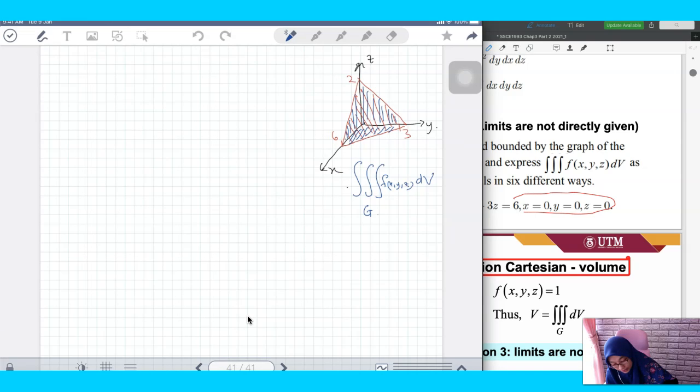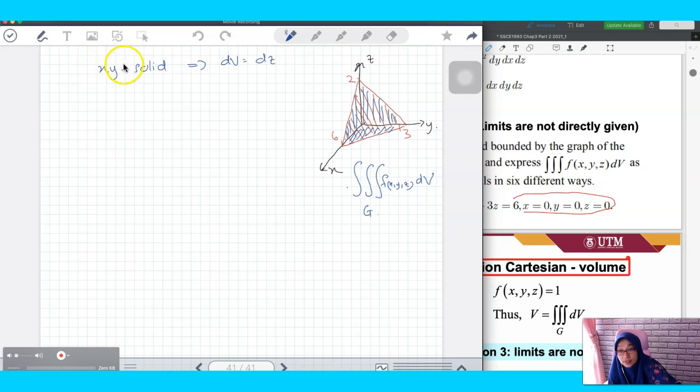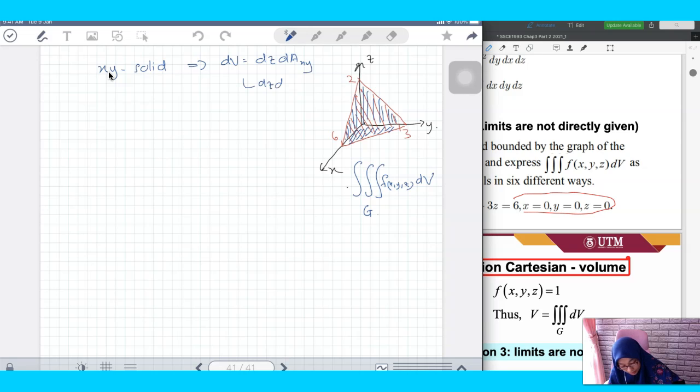So you have the solid, which is namely as xy solid. So for xy solid, dv is dz, right? Because there is no z here, meaning that your region is on xy plane. So dA xy. So here you can have dz, dx, dy, or you can have dz, dy, dx.